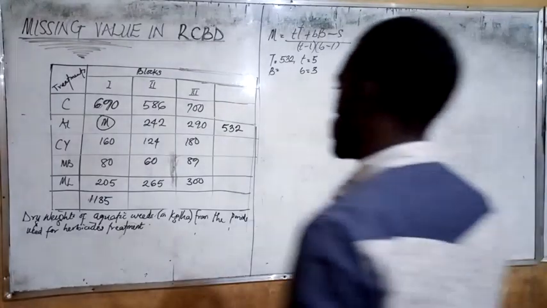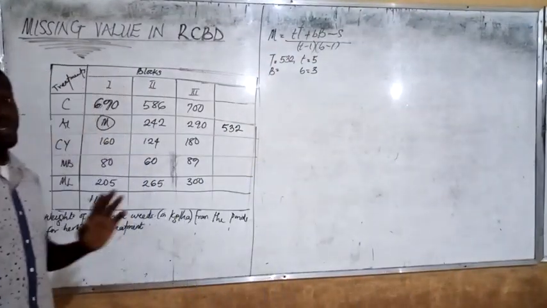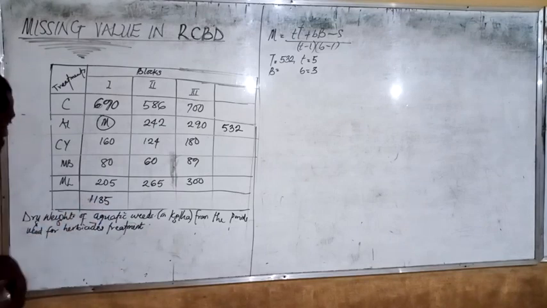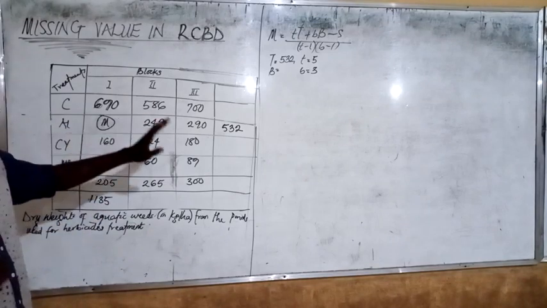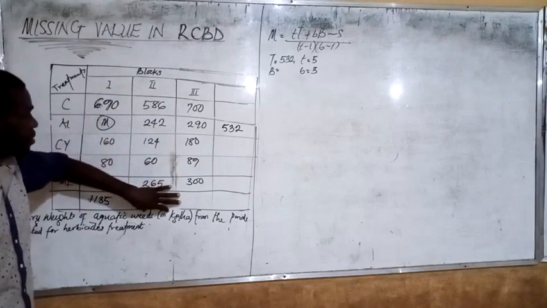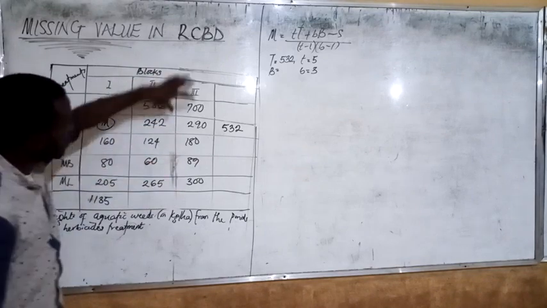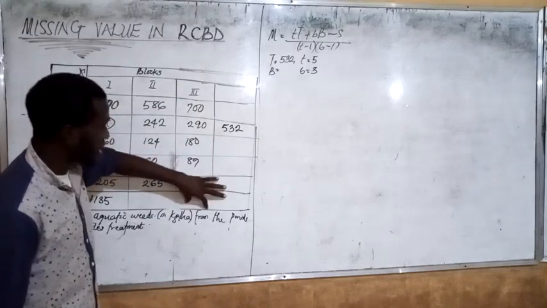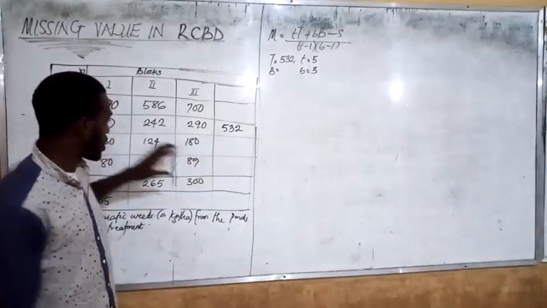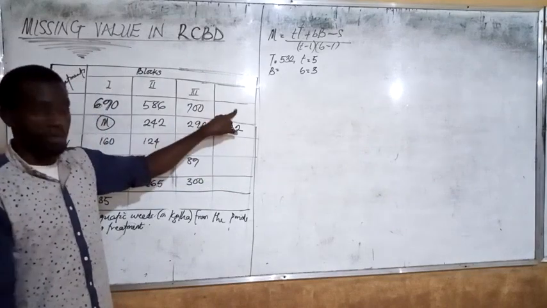So yes, that is 1135. Actually, because I have solved this before, I'm just inputting the values. So by yourself now, you calculate the sum of the blocks, put the answer here. Calculate the sum of this third block, put the answer here. Calculate the sum of the last treatment, put it here. Calculate the sum, put it here. Calculate the sum, put it there.